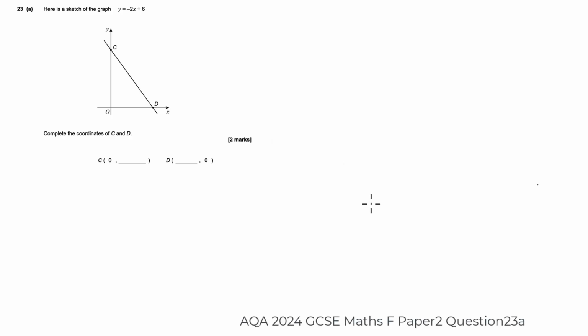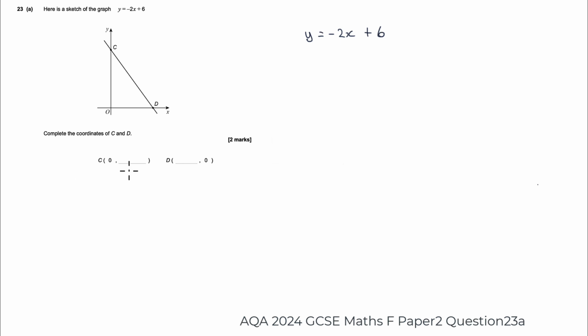So here we have question 23, and in part A we're given a sketch of the graph y equals negative 2x plus 6. So that's basically a formula that allows you to work out the y-coordinate if we know the x-coordinate for any point along that line.